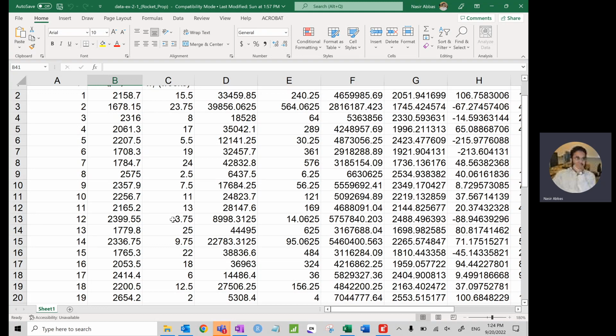So for x equals 15, there is a complete population of y. The strength of all those propellants which are 15 weeks old differs, and the objective of this question is to estimate the mean of y for x equals 15. All those propellants which are 15 weeks old, we want to find the average strength of those propellants, mu of y when x is 15.